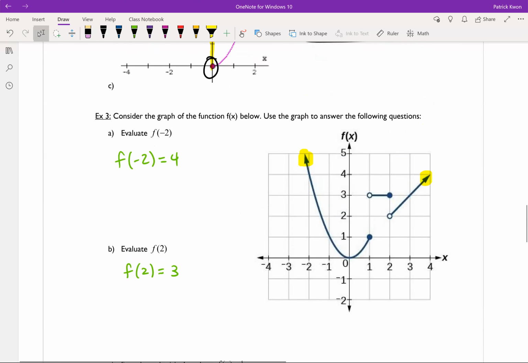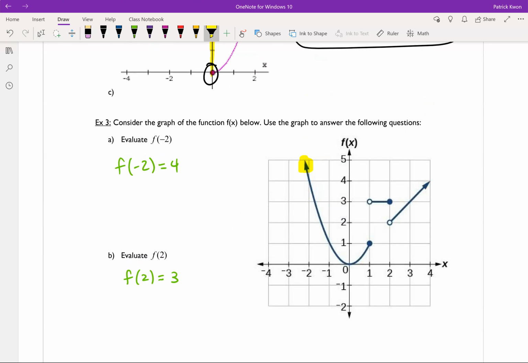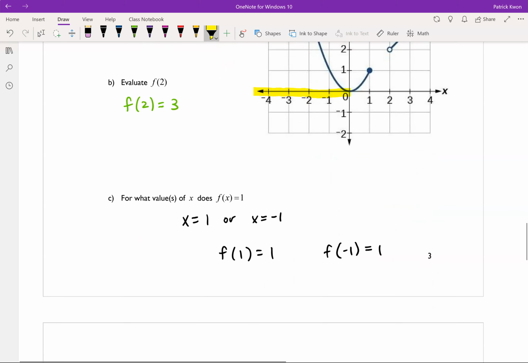Okay, so let's go back, and I want to highlight the places where it's decreasing. Because we have that arrow there, that means that the graph is decreasing all the way up to 0 from the very left side. It's not increasing or decreasing between 1 and 2, and then everywhere else it's increasing. So basically it's decreasing everywhere before 0.